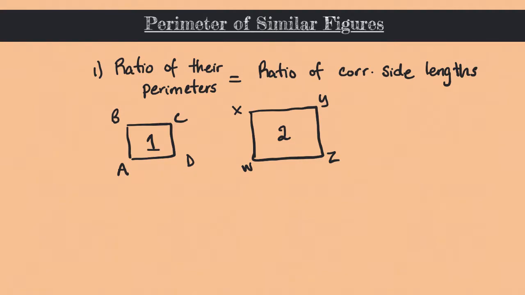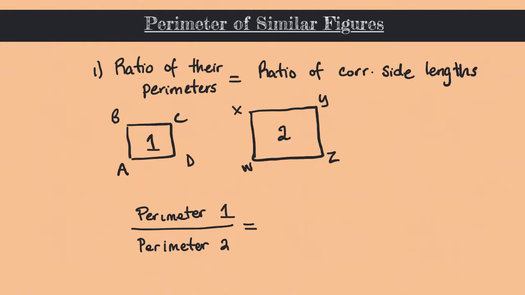Then the ratio of the perimeters, so perimeter of number 1 to perimeter of number 2, is equal to the ratio of the corresponding side lengths.